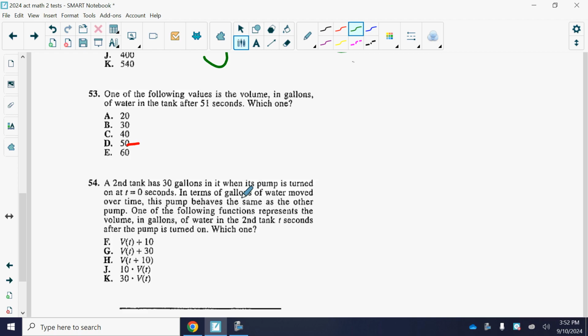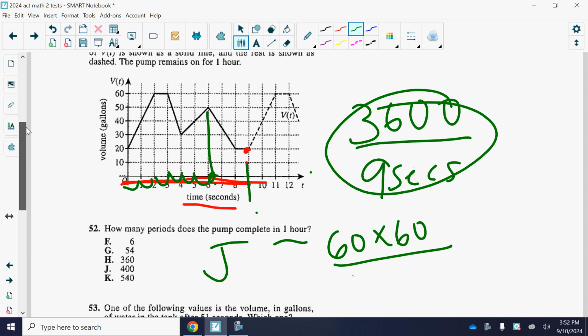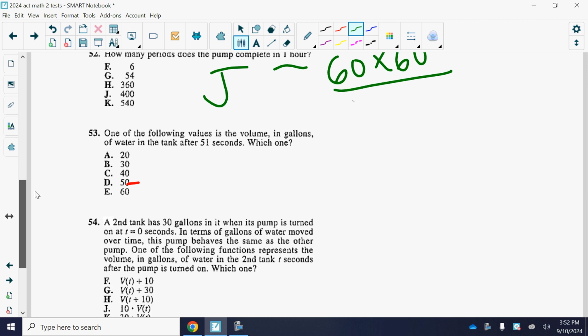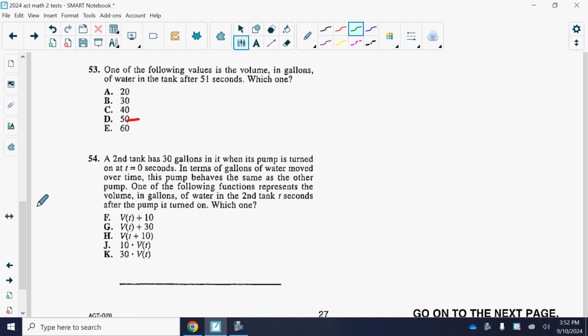A second tank, in terms of gallons moved over time, it behaves the same way as the other. One of the functions represents the volume in gallons of water after t seconds. So if the above is V of t, and the same behavior, but what?